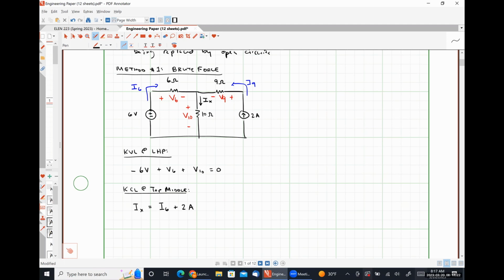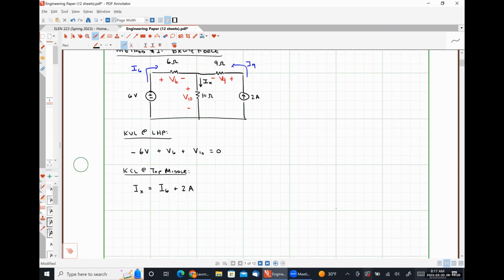I am going to now write some Ohm's law relationships that are going to relate my 2 equations, because right now I have 2 equations and 4 unknowns.